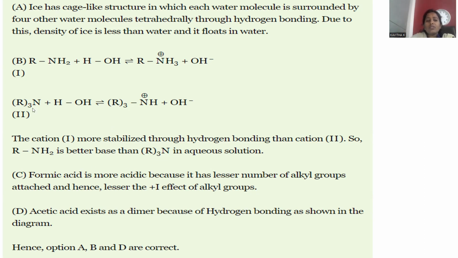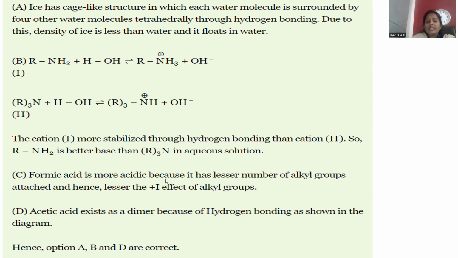So the tertiary nitrogen is not able to release the electrons to this water to form this kind of salt form. So hydrogen bonding is less prone in case of tertiary in comparison to the primary, so primary amines are more basic in nature in comparison to the tertiary amines, purely relying on the hydrogen bonding. We can clearly explain.